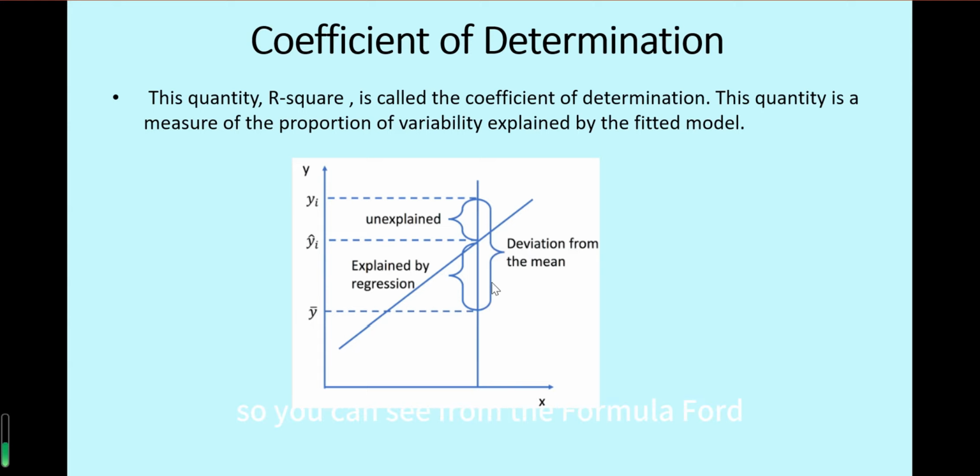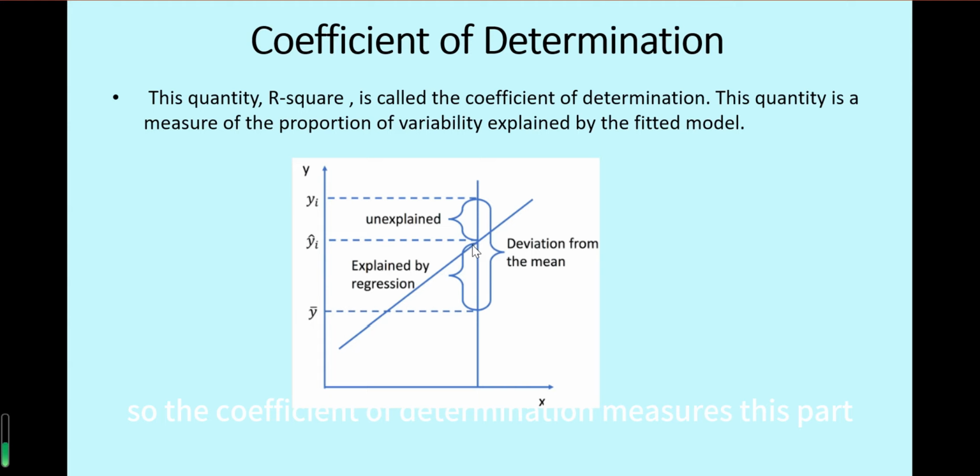So you can see from the formula for the coefficient of determination, the range between yi and y mean value, then take square, then sum for all y observations, is SST. And this part between the observations and the fitted line, then take a square, then sum for all the observations, this is SSE.